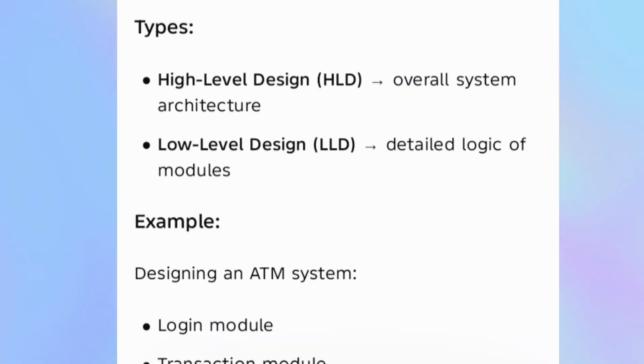High level design, HLD, is the overall system architecture. Low level design is the detailed logic of modules. Example: design of an ATM system's logical modules.